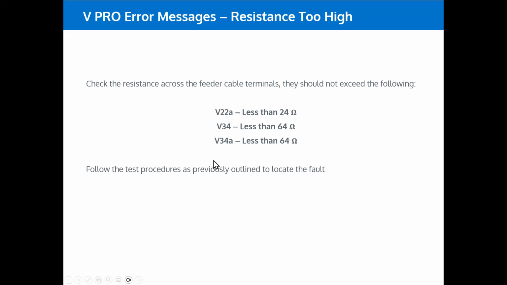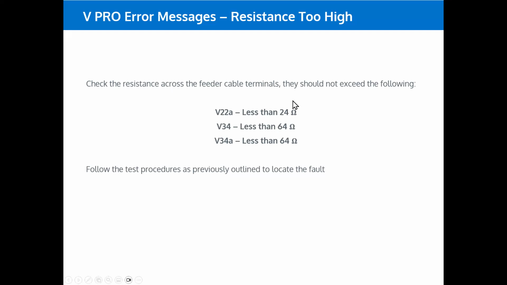Typically, the resistance across the loops should be less than these values that we're getting here. This isn't impedance. This is the DC resistance of your loop, and these are the values where the driver says, "Well, stop. There's a problem here, and I'm going to say that the resistance is too high."